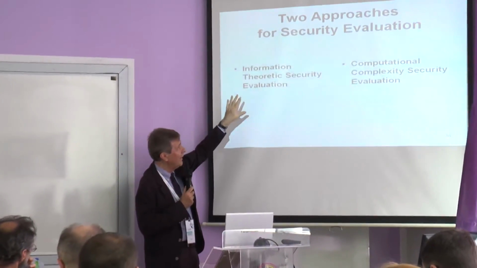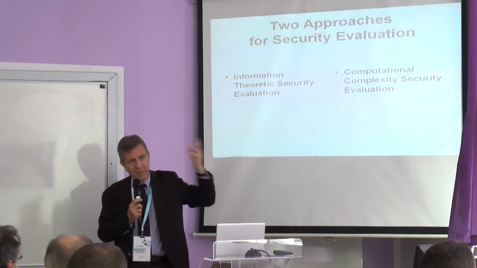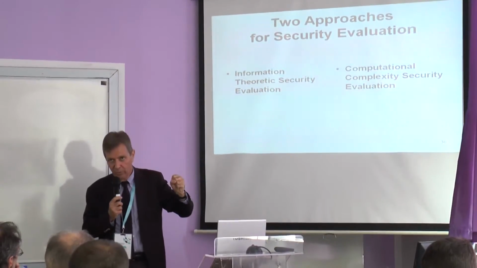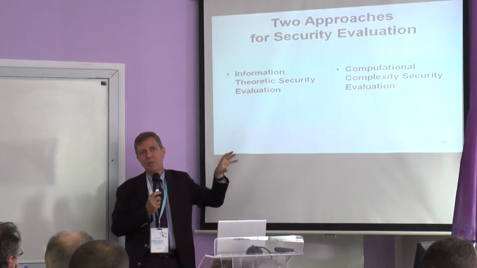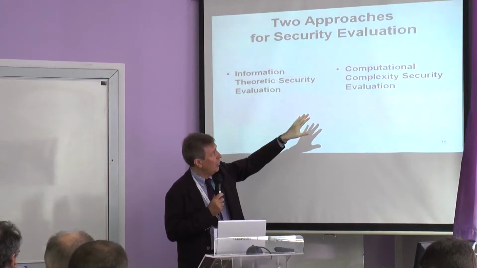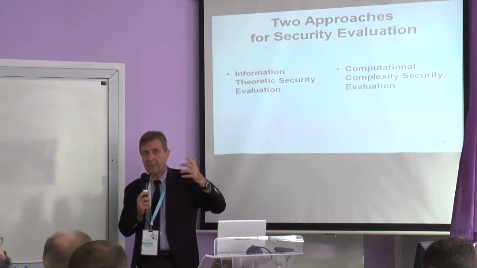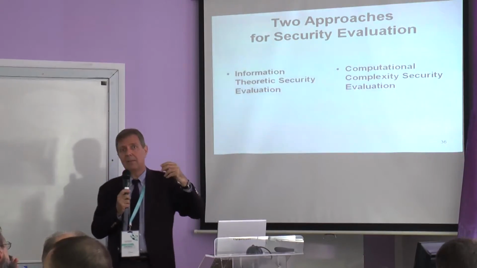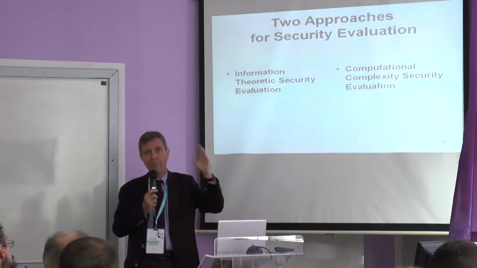When we apply the information theoretic approach and achieve some result, that means whatever the power of computers, we cannot do anything within the framework where we guarantee the security. Computational complexity security evaluation means we can always claim that the complexity of a certain operation is up to certain limits.